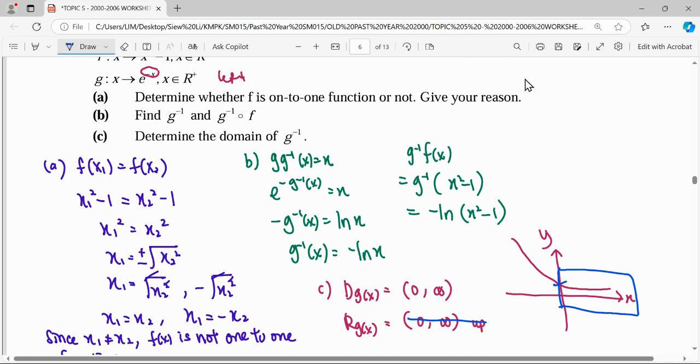The y-intercept is the point when x equals 0. So e to the negative 0 equals 1.